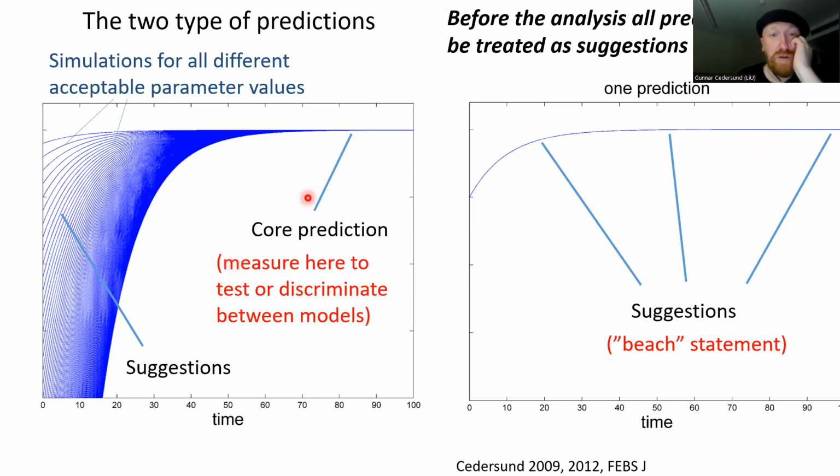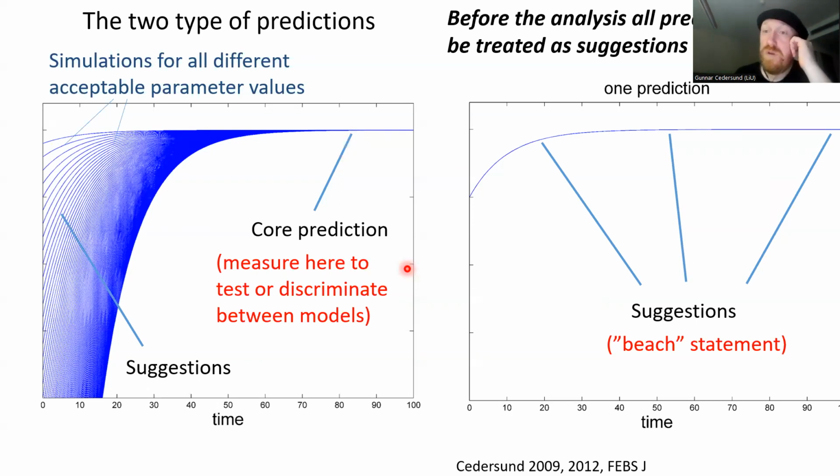So if you are measuring over here, then you can really test the model. And if you have 2 models and one is generating a very well-determined value here and some other model is generating a very well-determined value that is different, maybe down here, then this would be an excellent reason to distinguish between models, because they both have well-determined predictions for this particular point that you want to measure, and they are different.